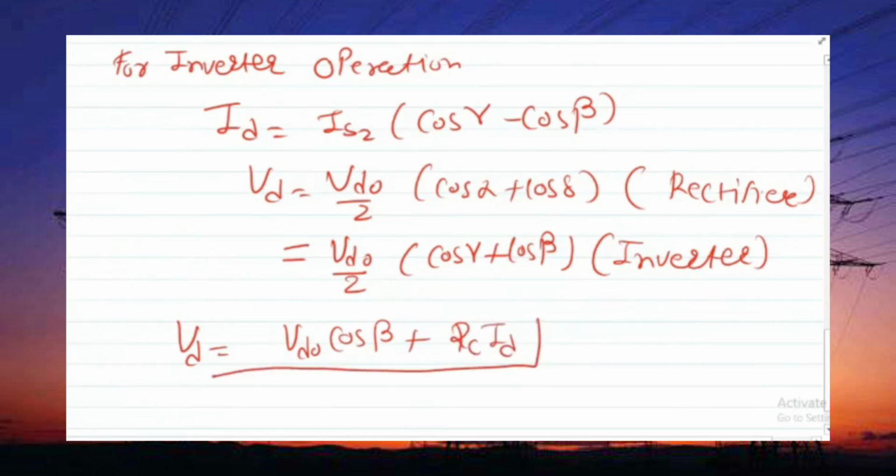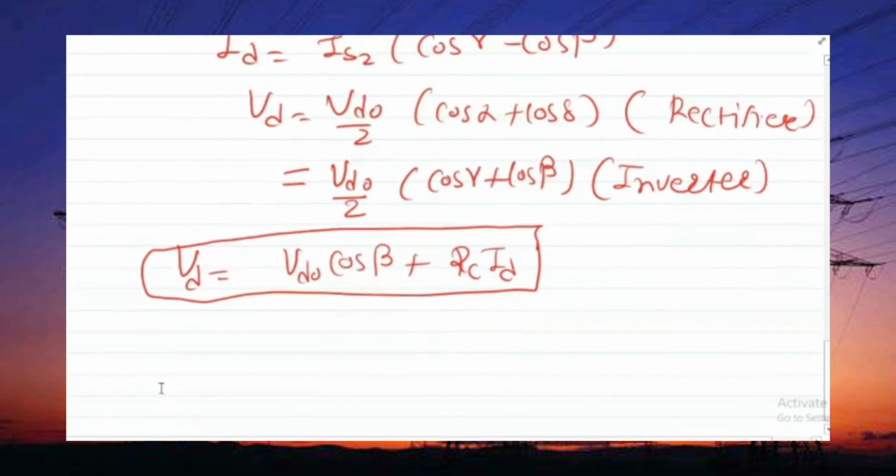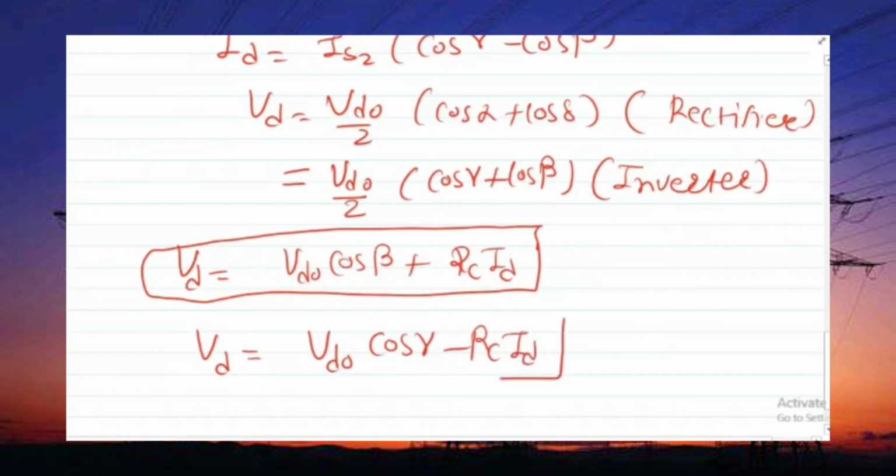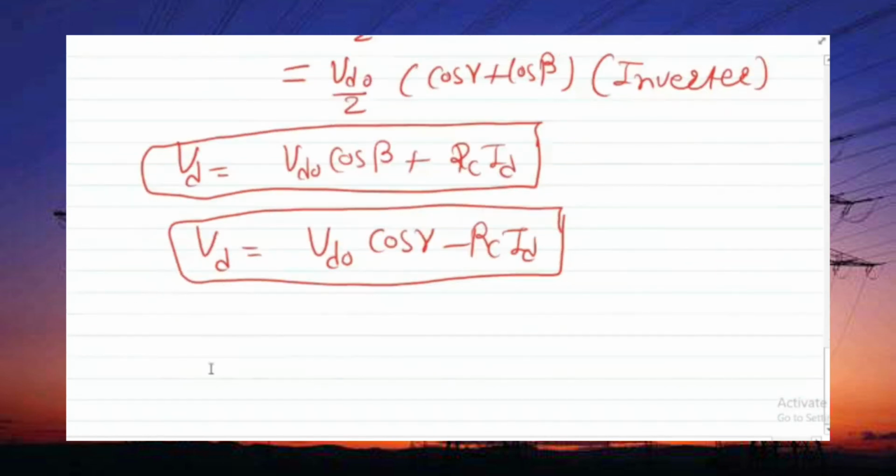This is your new equation for inverter operation. Similarly, another equation of DC output voltage is Vdo cos gamma minus RcId. So these are all the equations which we use for solving the inverter operation examples.